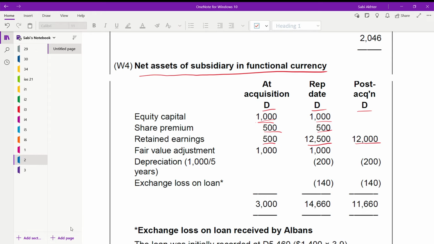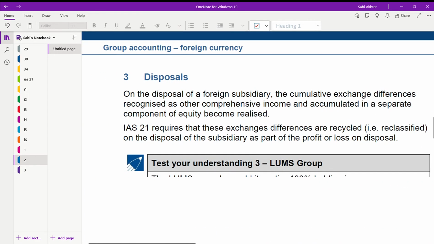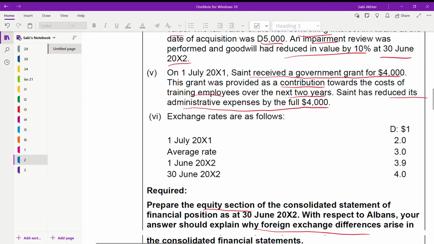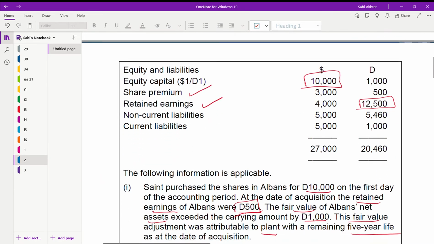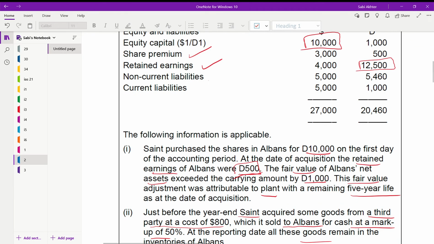So they have given you the net asset as 3,000, right? This is a balancing figure that you have to find out. Let me see the net assets they have given you. They told the carrying amount is 1,000.